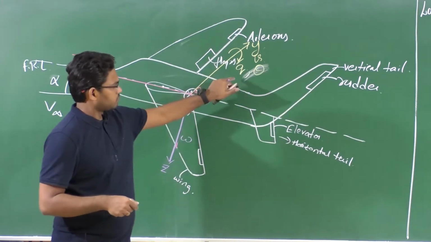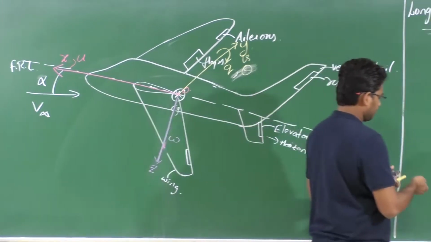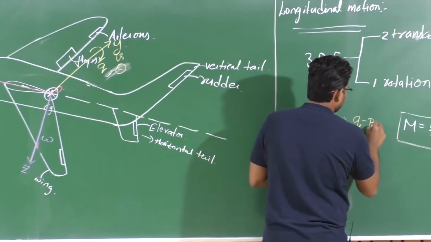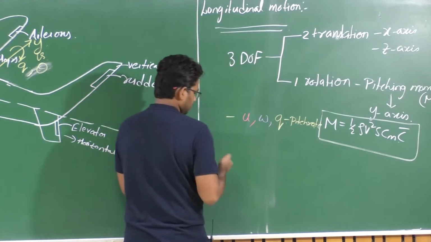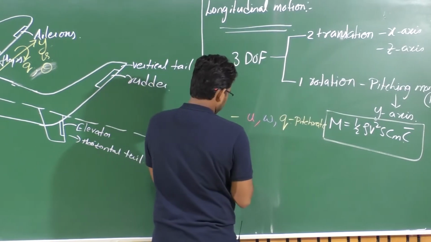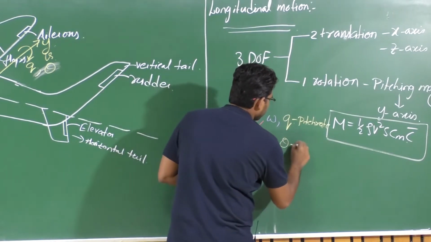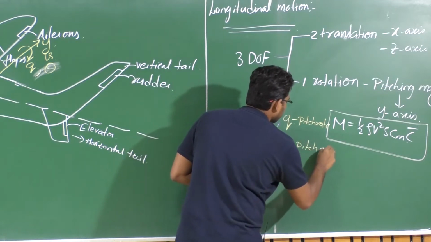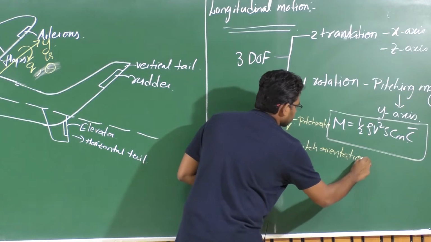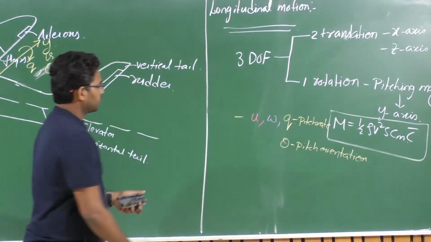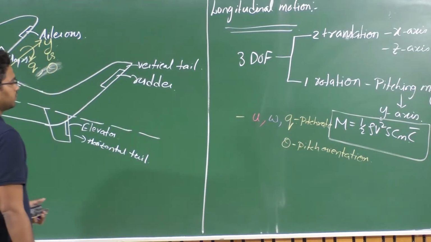So q is the pitch rate, and theta is the corresponding pitch orientation. Okay, so U and W are the translational velocities here.